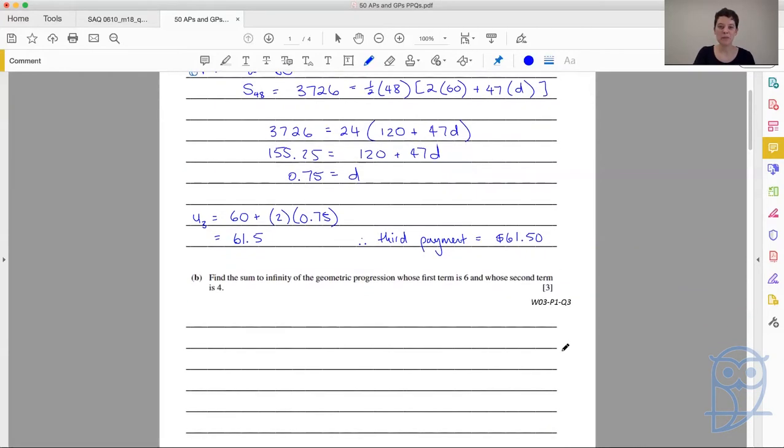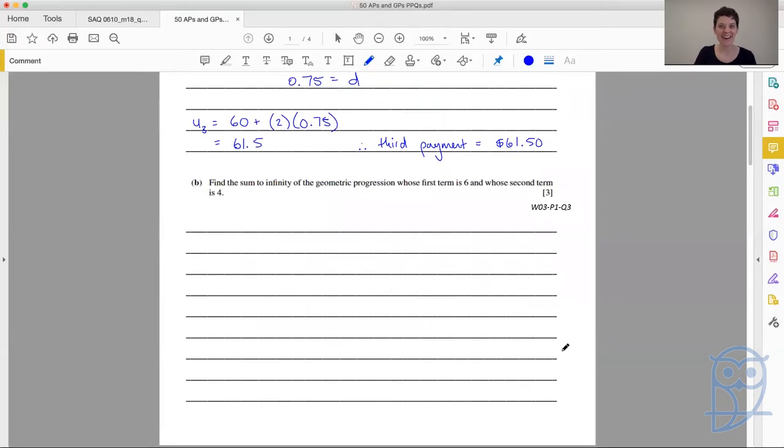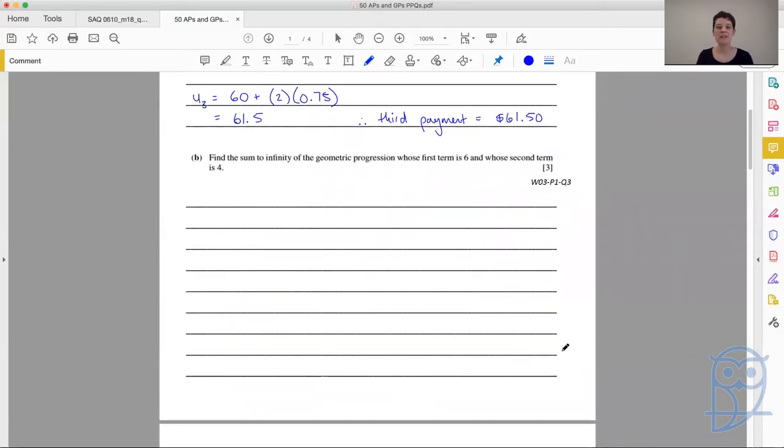If we move to part B, we find, funnily enough, a GP. Find the sum to infinity of the geometric progression whose first term is 6 and whose second term is 4. So we know we have a GP. We know that a equals 6 and U2 equals 4, which equals 6r.